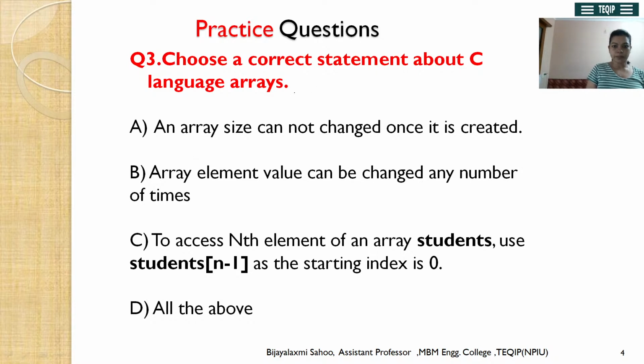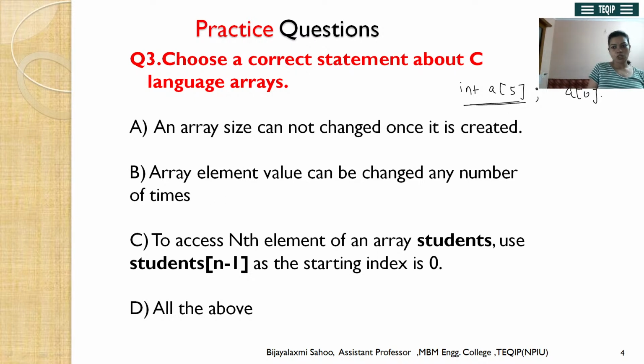Choose the correct statement. Array size cannot change once it is created. Yes, it is true. If I am declaring the array size of 5 over here, this cannot be changed because I already declared the size of the array as 5. So if I require more elements, it cannot be changed. Array element value can be changed any number of times. Yes.